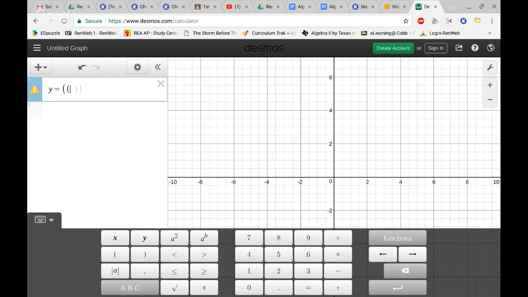So you'll notice I typed 2 parentheses and I've got x raised to the 3rd power minus x squared. And then I'm going to just type lots and lots of parentheses.